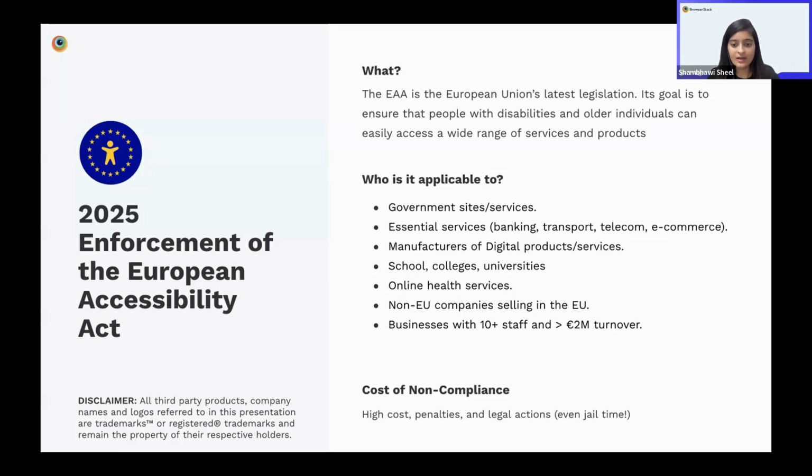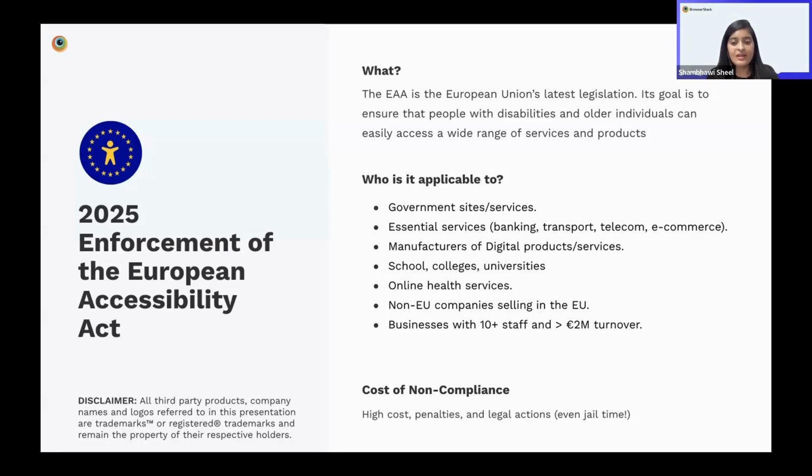Having said that, it is still up to the different jurisdictions to interpret this and implement it in their legislation. Now, beyond legal compliance, there are numerous benefits for organizations to prioritize accessibility as well, which include increased market reach, because a significant portion of the European population has disabilities, and accessibility opens doors to a wider customer base.